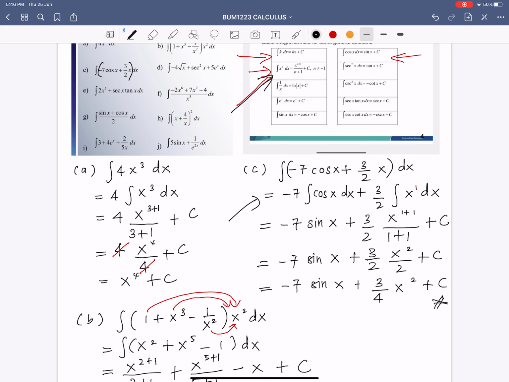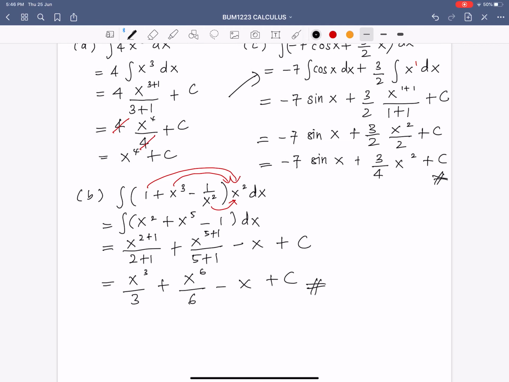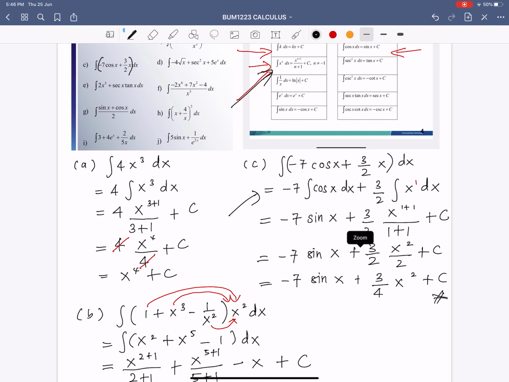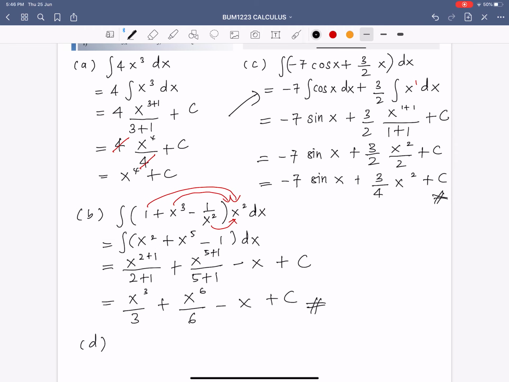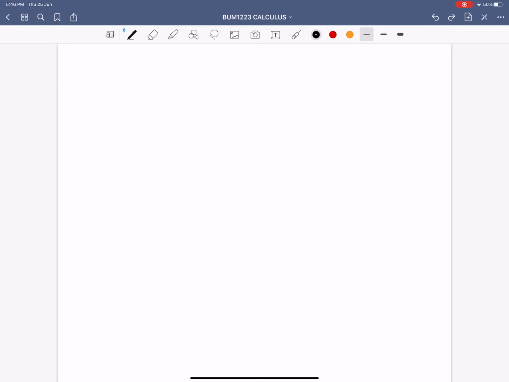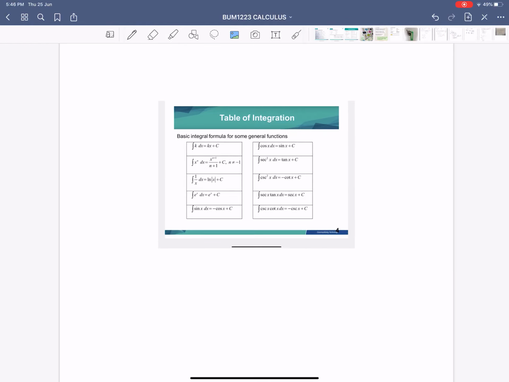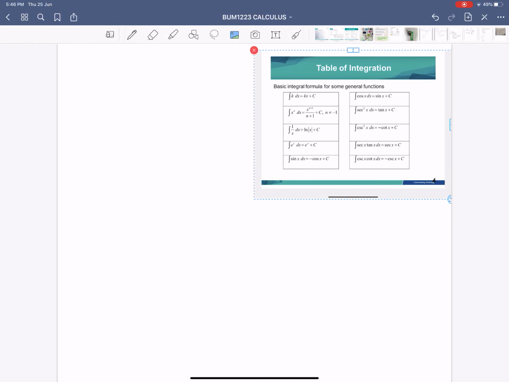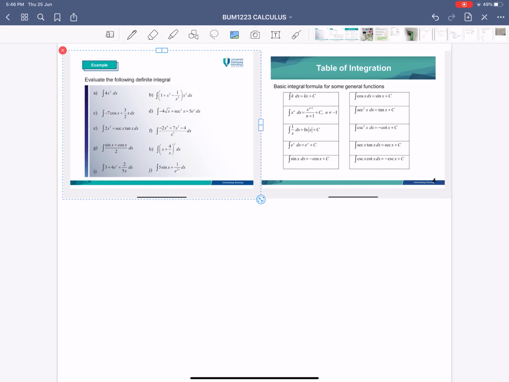Next, we want to look at question D. Okay. For question D, we have integration. I'll go to the next page so that it will be easy for you to refer. Okay, we have the question here.